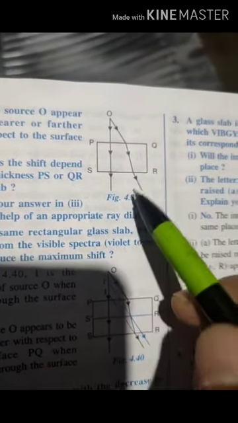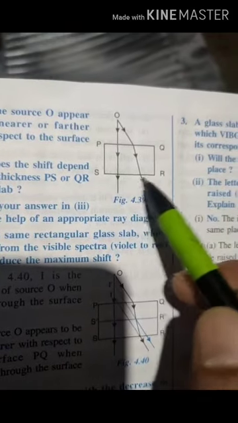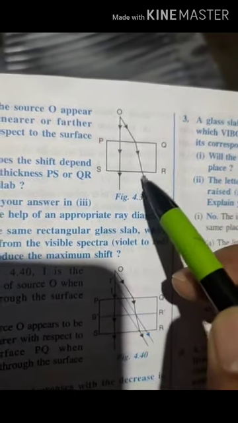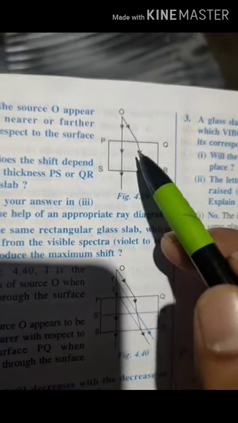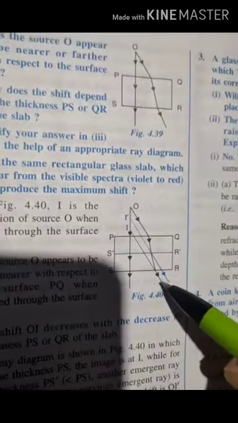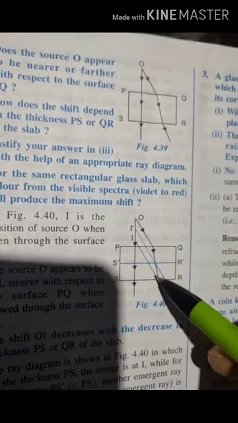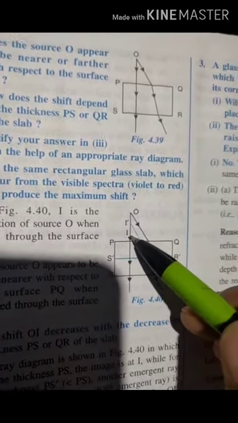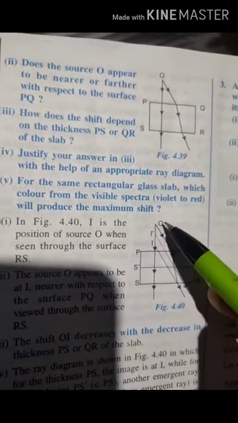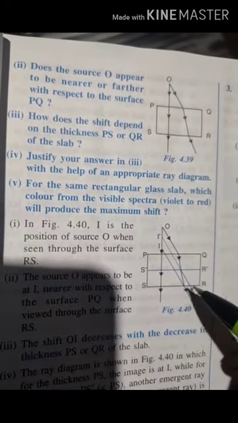So how to find that? It is very easy. This is RS, so you have to produce this ray backward, making a straight line, where the rays meet. That's the position of the image I if you see it through RS. So we produce it backward by this dotted line. This is the position of I where the image of O will be seen if I see it through RS.